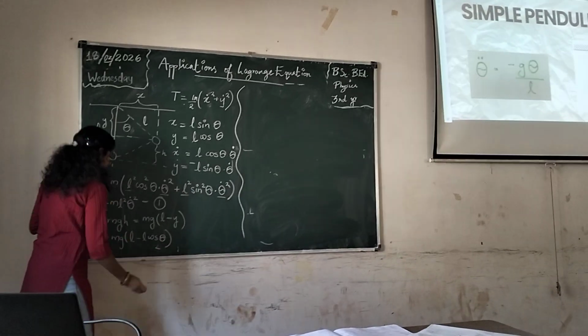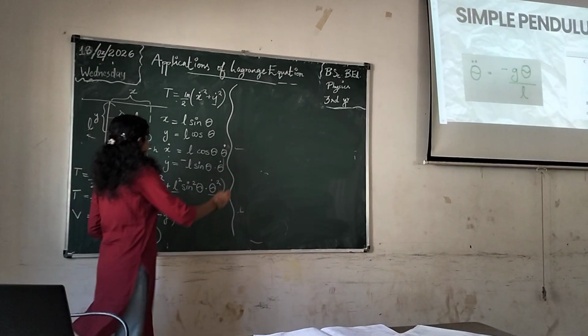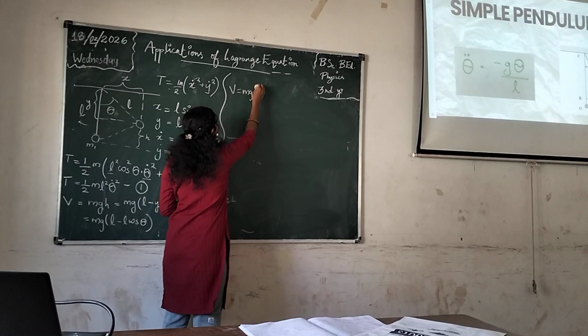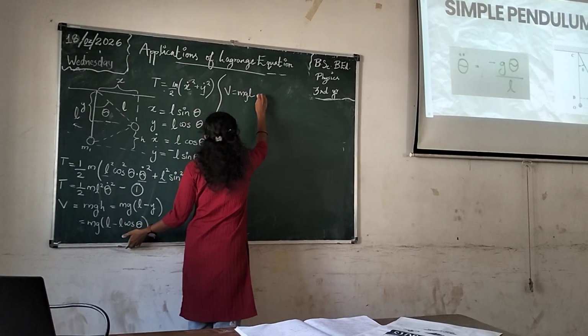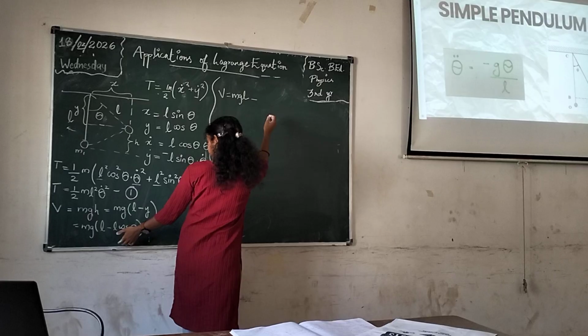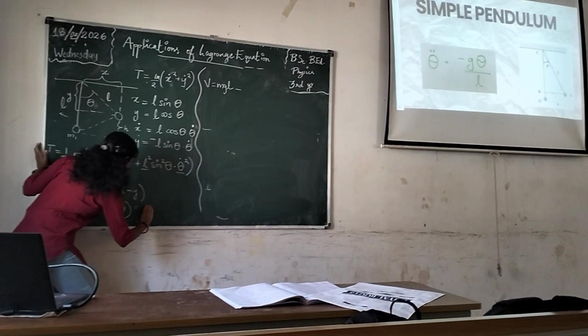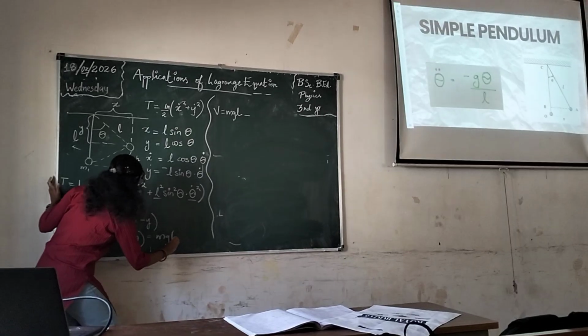So when we open it, we will have mgL minus mgL cos theta, or taking mgL outside, mgL into 1 minus cos theta.